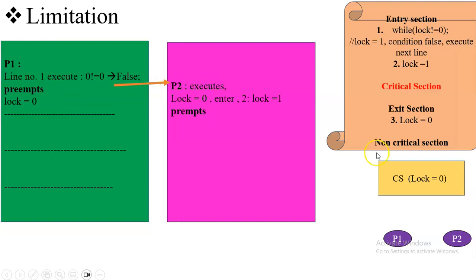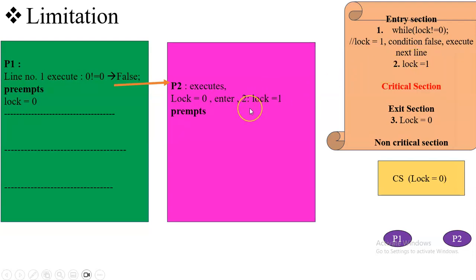So now P2, which wants to enter into the critical section, understands that the lock value is 0, which means that it can go and execute the first instruction. So it goes and checks the value of lock. Lock value is 0. It can enter into the critical section. It enters into the critical section, turns the value of lock to 1 and then preempts.